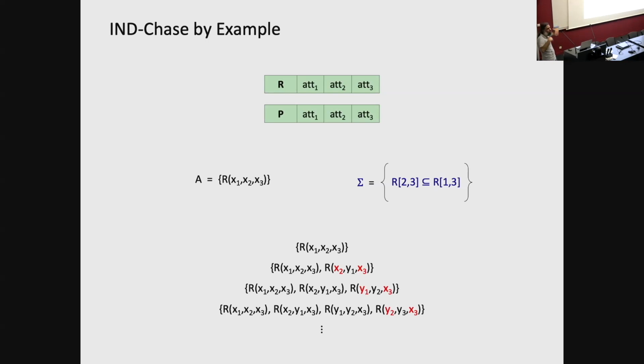So the chase keeps adding things, and whenever you need a new value, you just invent a new value, and you go on like that in order to be sure that you build this representative set of atoms. Well, my question is, the fact that the chase doesn't stop means that there's no finite representative? No. The chase is not a complete procedure in this sense.